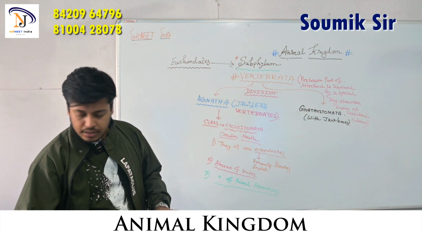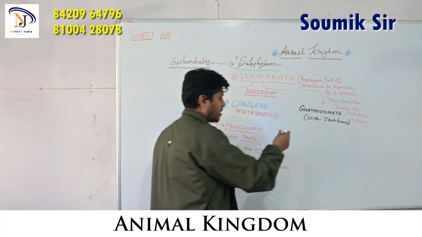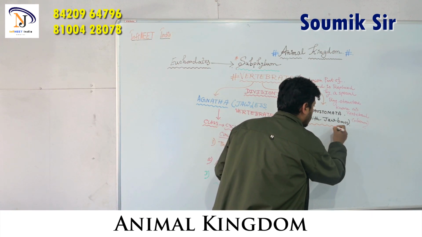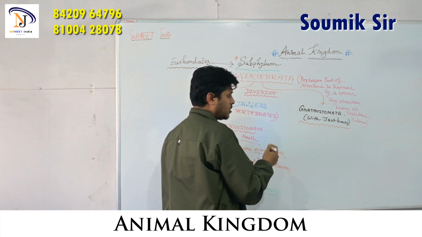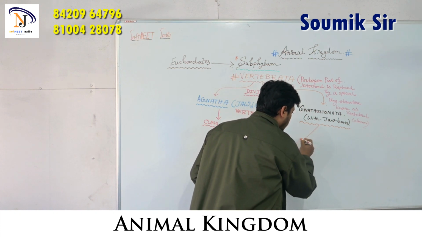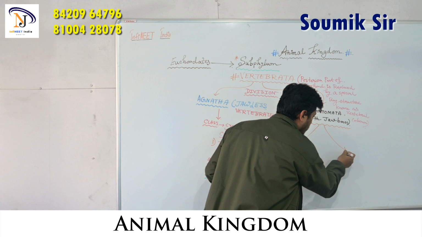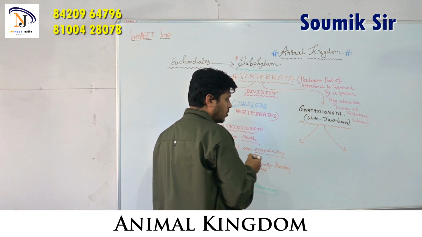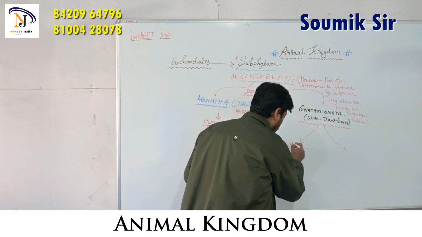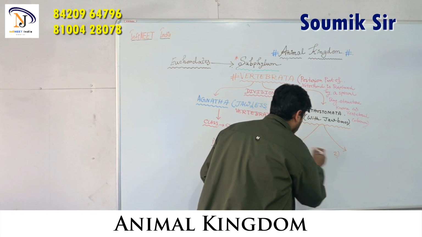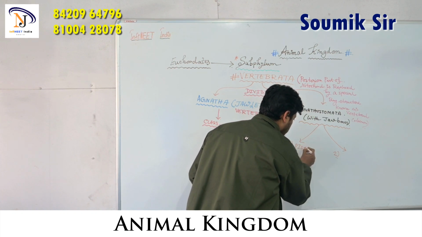Next, gnathostomata. Vertebrates with jaw bones are classified into two parts. First, Pisces.